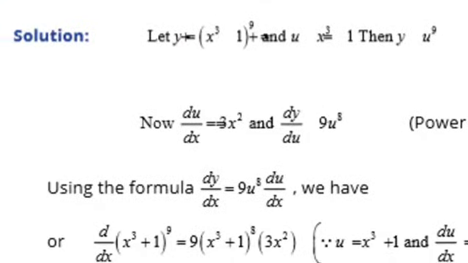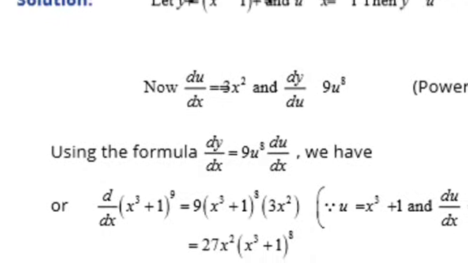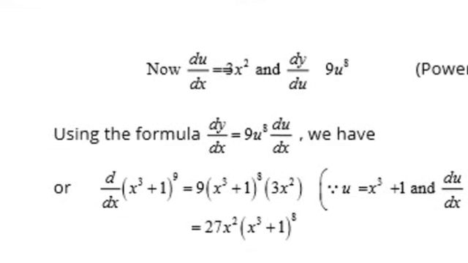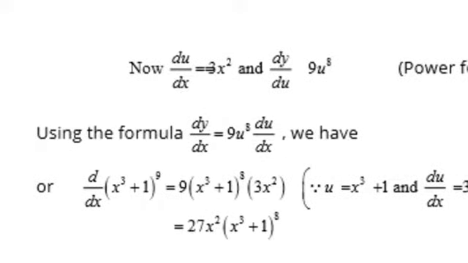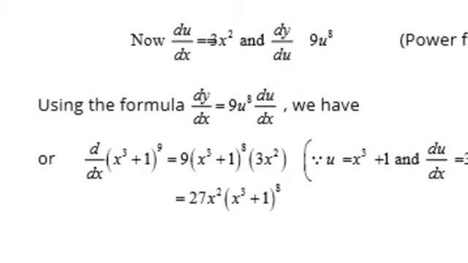On both of these we apply the power rule. Now using the chain rule formula, dy by dx is equal to dy by du times du by dx, and here we put these values.